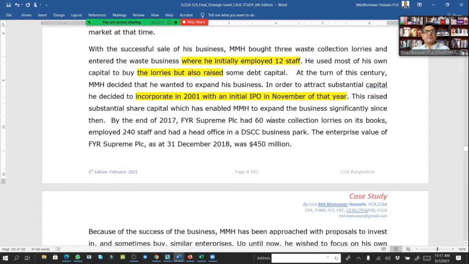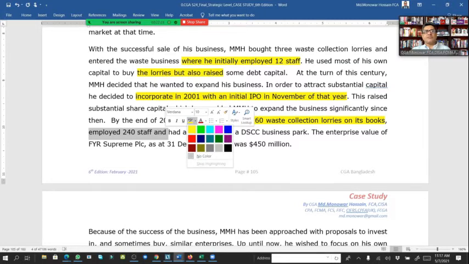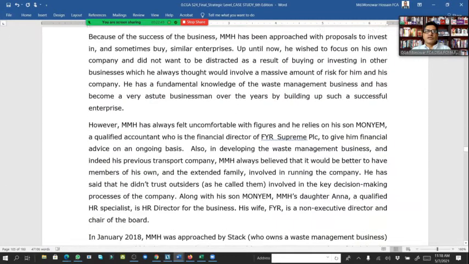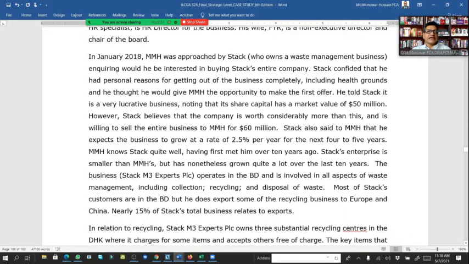This raised substantial capital and now he had 60 waste collection trucks. Now employees are 240, though they started with only 12. The enterprise value at 31st December was 450 million USD.